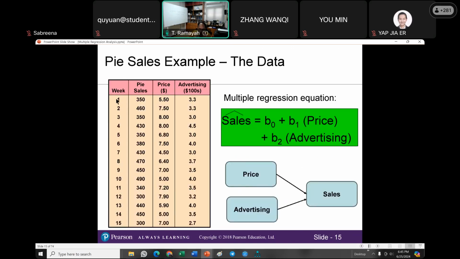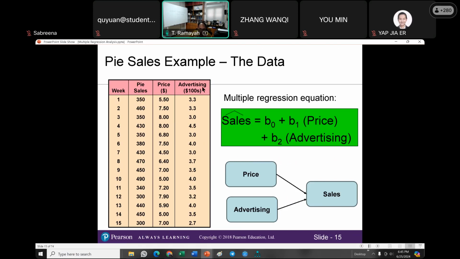Week number 1 until week number 15. These are the weeks. This is not a variable in the model, right? This is number of weeks only. The first variable you have in the model is your dependent variable, which is the pie sales. These are the sales for 15 weeks. This is the price of the pie for 15 weeks.